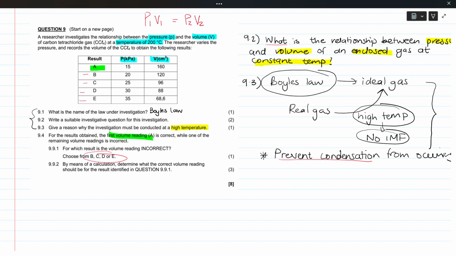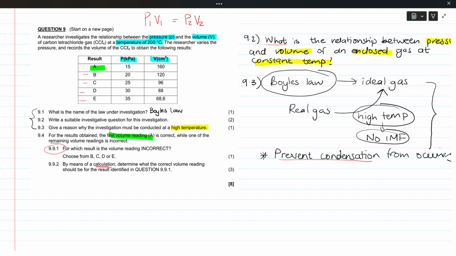And 9.9.2, let's just carry on reading. They want you by a means of calculation to determine what the correct volume reading should be. So let's start off with 9.9.1 and firstly find out which reading from B, C, D, or E is incorrect. Okay, and you have one correct reading. That's the hint, I'd say. So I'm going to give you guys some time to think about this one carefully.